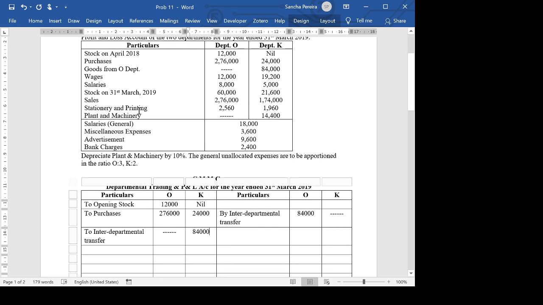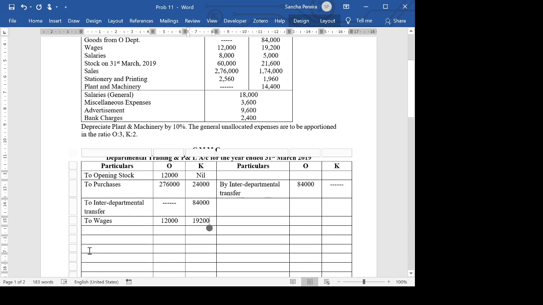Then we have wages, two wages, 12,000 and 19,200. Next is salaries, but salaries comes in the profit and loss section. You'll have to leave some lines, judge how many lines you'll have to leave and write. Okay, we can actually write it because there's not much more. So I will leave a line for gross profit, a total, and I'll write salaries as well.